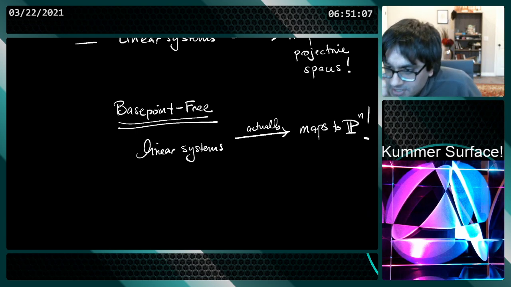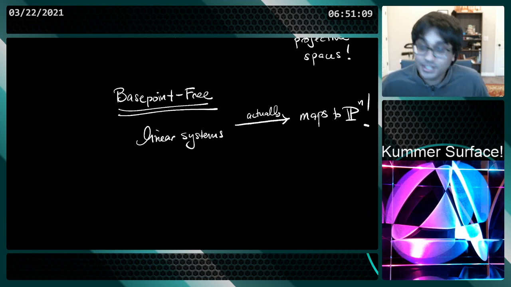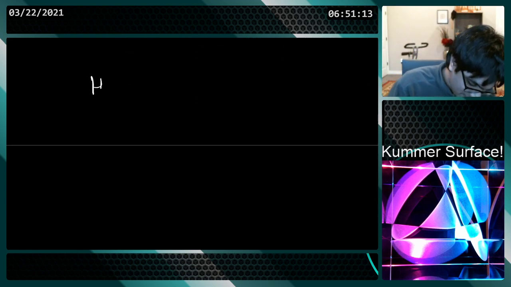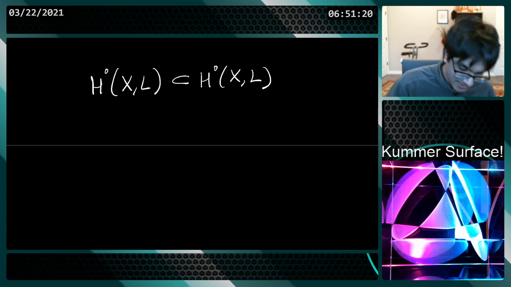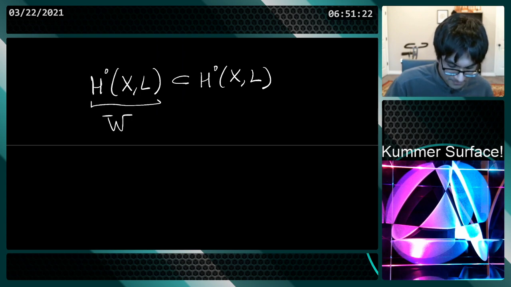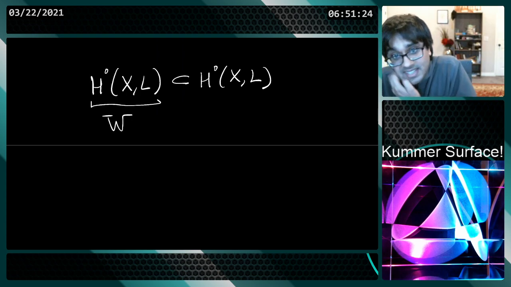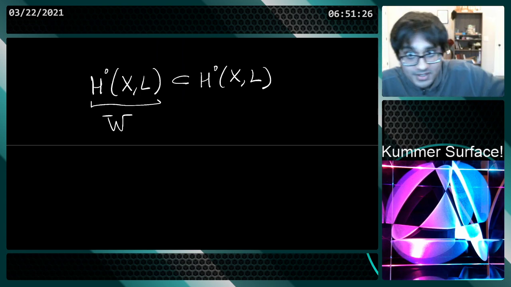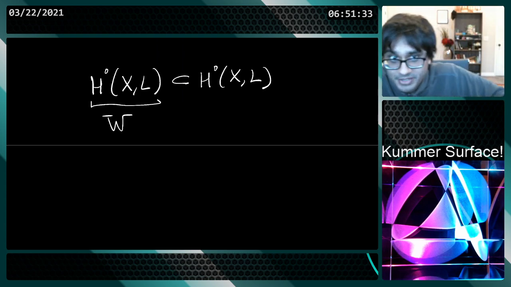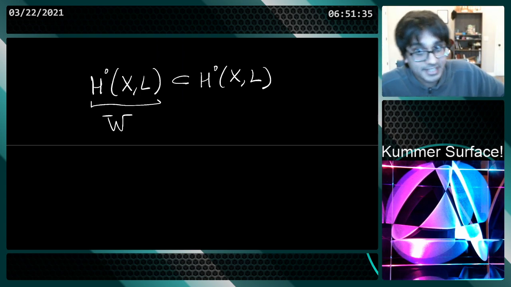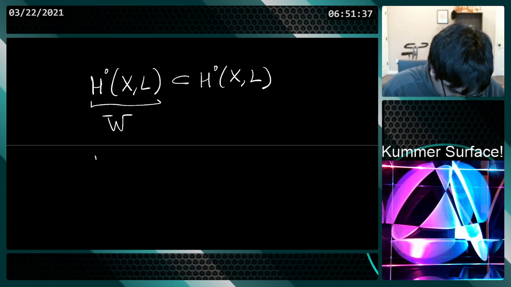All the sections were vanishing at that point is called a base point of a linear system. What makes a linear system complete? There's a name for this particular linear system. This W, where you take the collection of all sections, a basis of all sections of this line bundle, this is called a complete linear system or series.